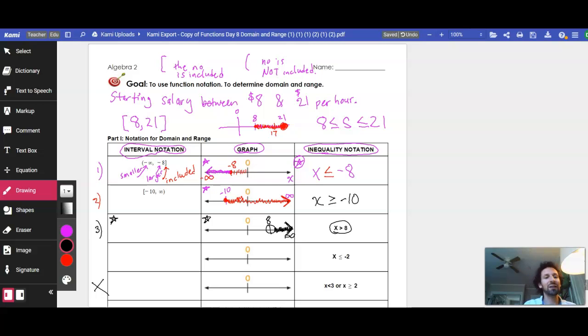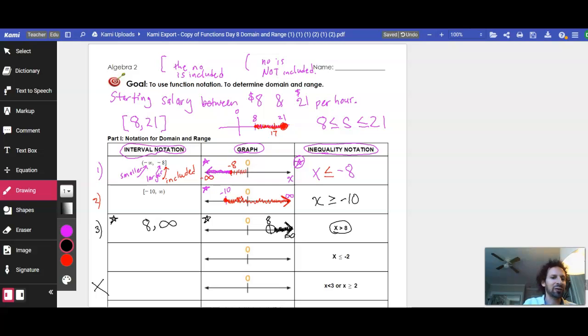That helps us write our interval notation, because remember, interval notation has a comma. If we look at the smaller value, on the left, the smaller value is 8. And we're shading all the way to infinity, so that goes on the right, positive infinity. Because it's an open circle, we're using parentheses, because parentheses means not included.